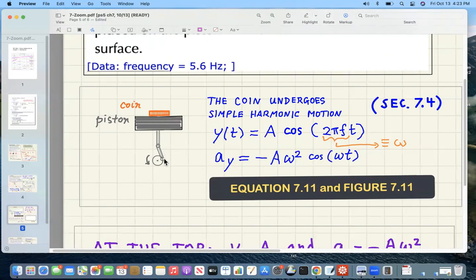The circular motion is here. So the coin, which is sitting on top of the piston, not attached to the piston, but just sitting there, will undergo simple harmonic motion.